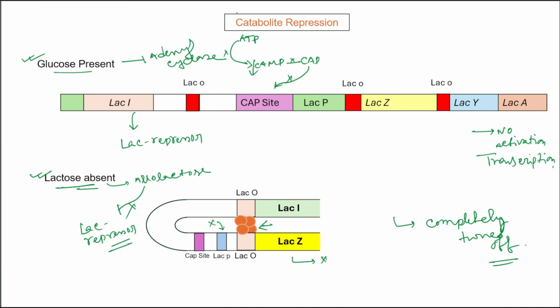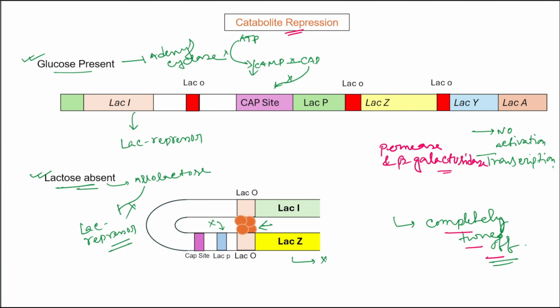So this condition is called catabolite repression because lactose catabolism is repressed by glucose-mediated inhibition. So we also call it catabolite repression. But here the gene regulation is not completely turned off because leaky transcription happens. Some permease and beta-galactosidase protein is synthesized by the leaky transcription.